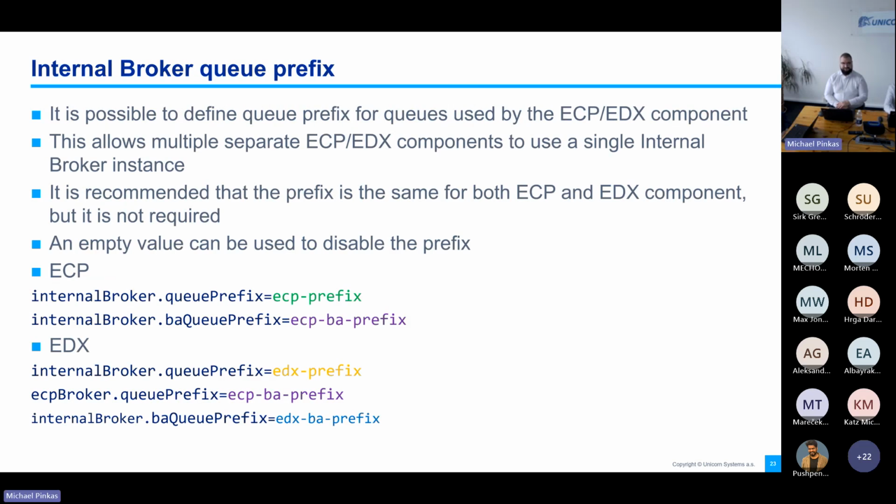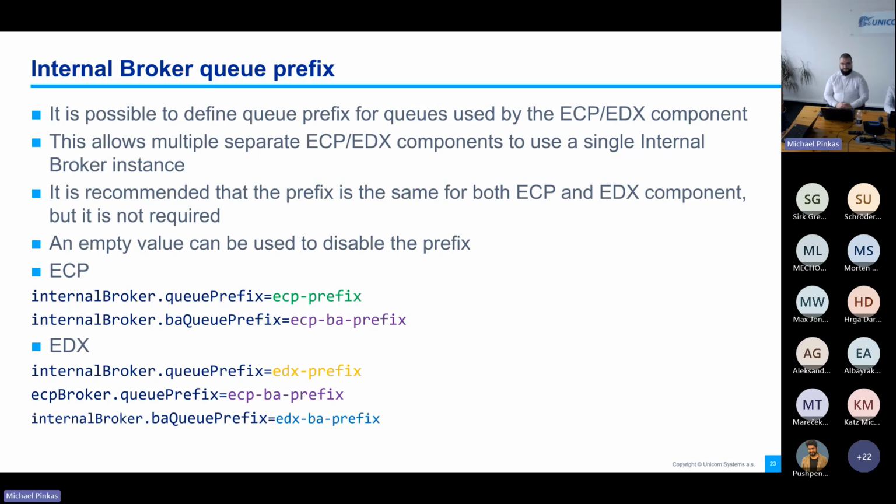One of the larger changes in this release of improvements is the queue prefix properties, which are present on both toolbox, endpoint, and service catalog. Basically, the main idea behind the queue prefixes is to allow multiple separate ECP and EDX components to use a single internal broker instance.